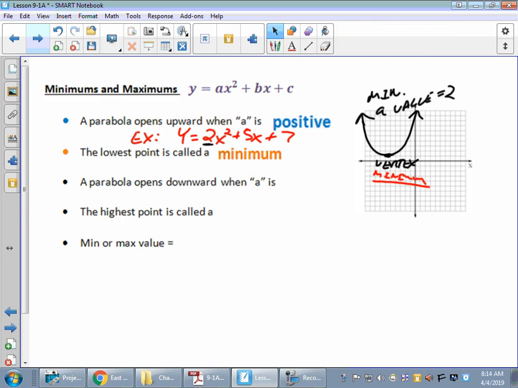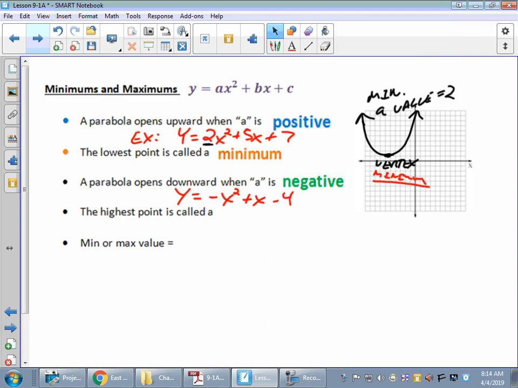Okay, a parabola opens downward when a is negative. A quick example would be, say, y equals negative x squared plus x minus 4.